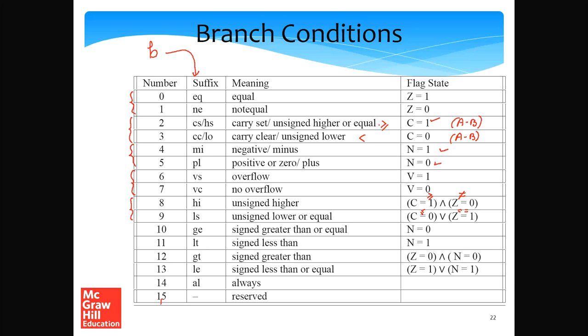C equal to 0 denotes that number A is strictly less than B, so in this case, unsigned lower.